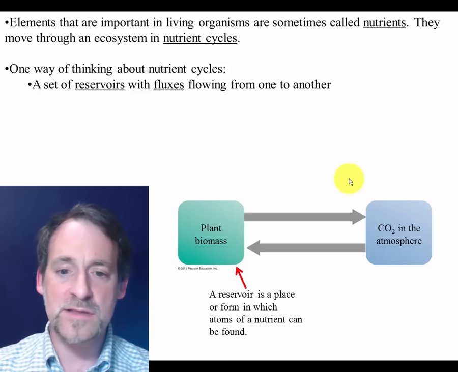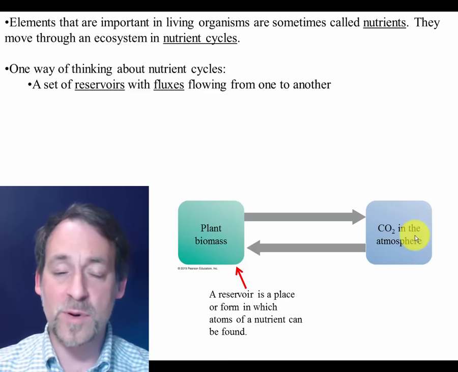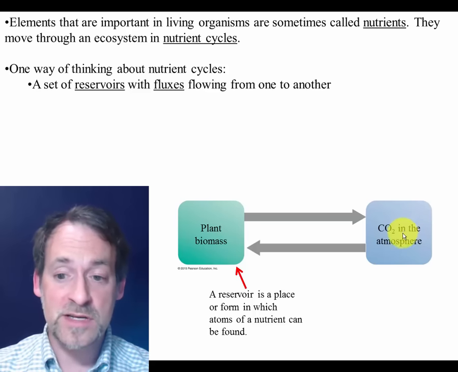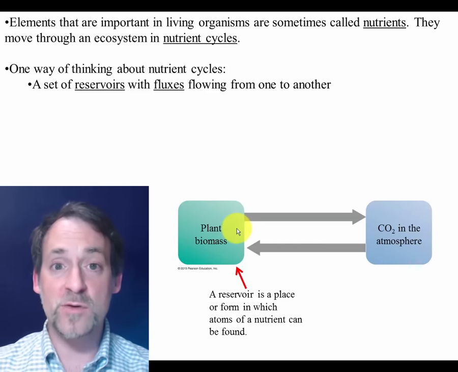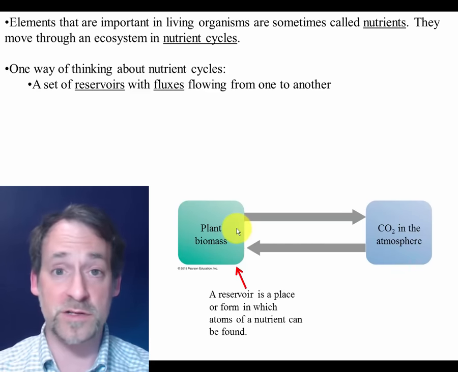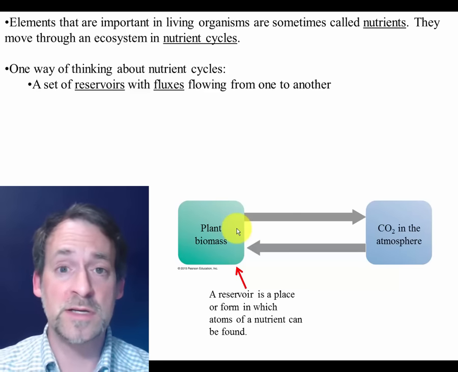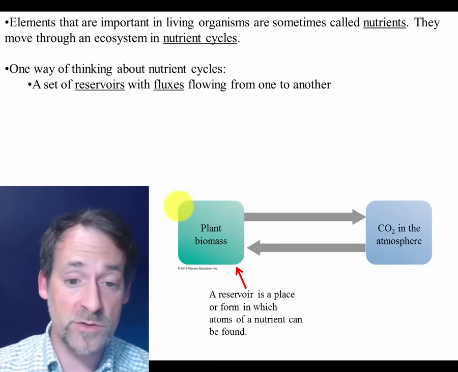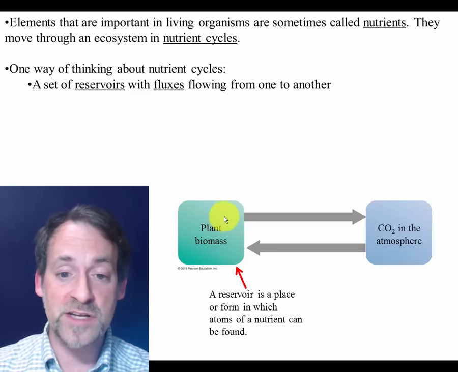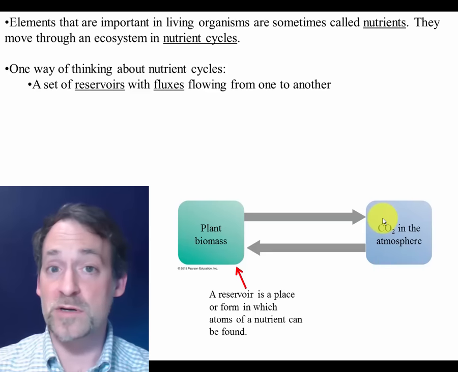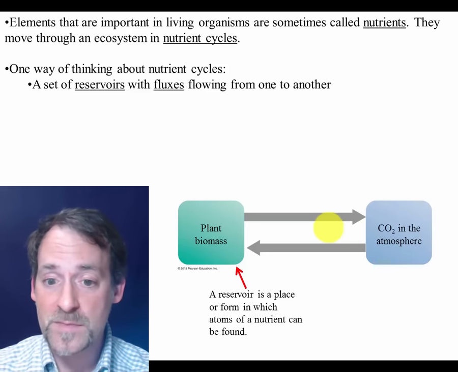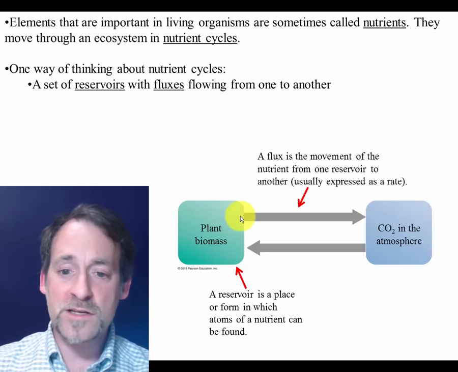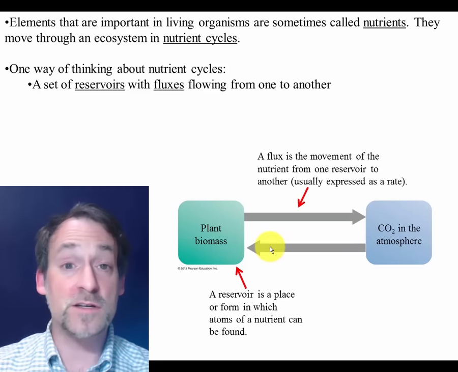These carbon atoms that are part of carbon dioxide in the atmosphere sometimes are taken into plant biomass and become part of, say, a glucose molecule or a cellulose molecule. Sometimes the carbon atoms in a glucose or cellulose molecule get rearranged and are released as part of carbon dioxide molecules. These fluxes, these gray arrows, represent the fluxes.